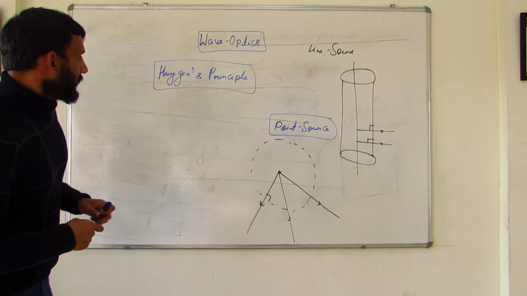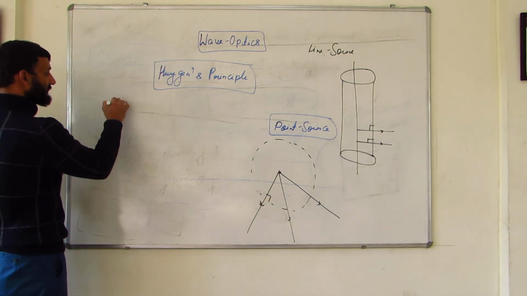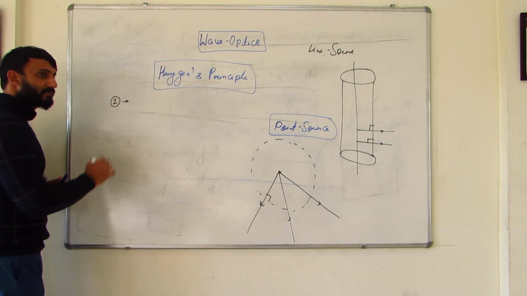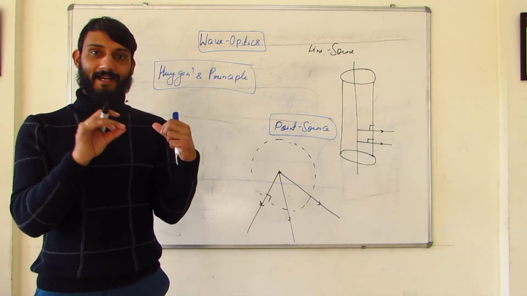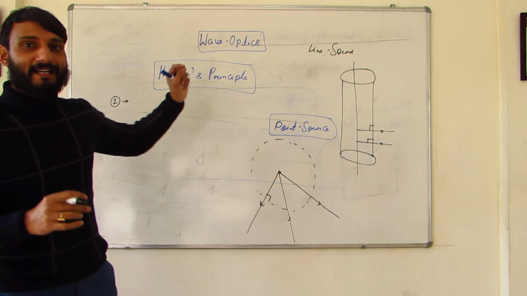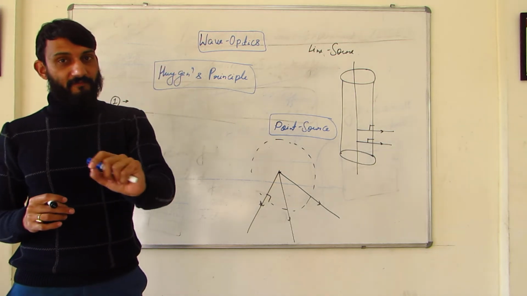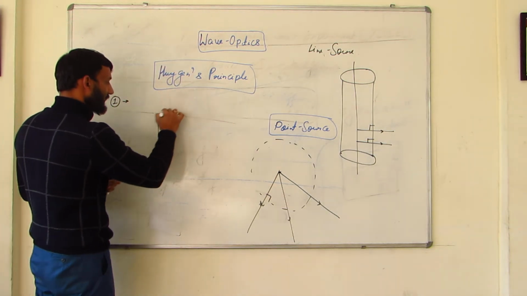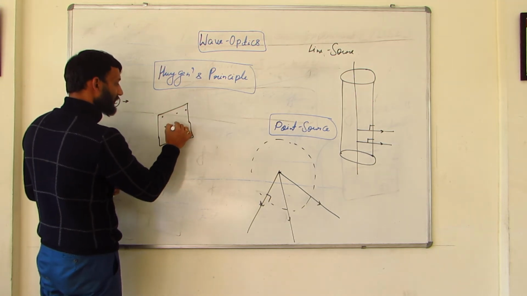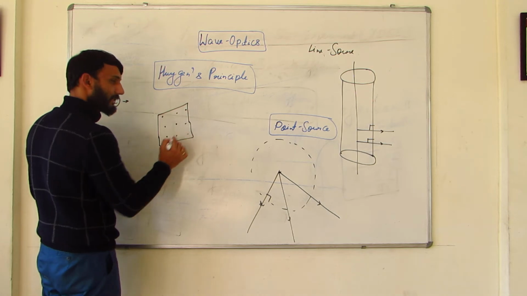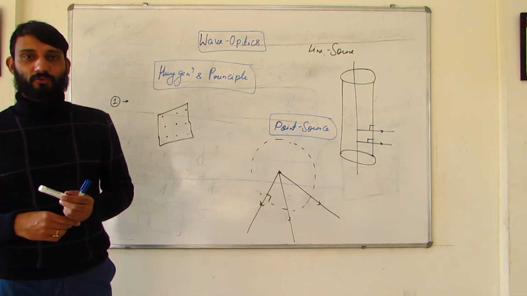The very first thing which he said, as I told you, is that the wavefront is made up of a number of points. These points on the wavefront are the secondary source of waves.